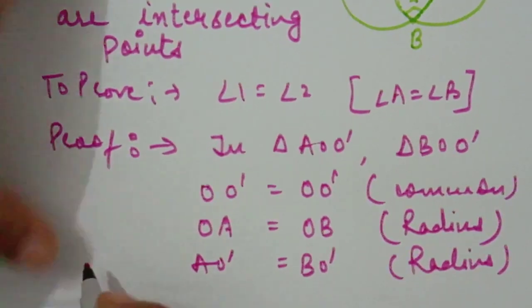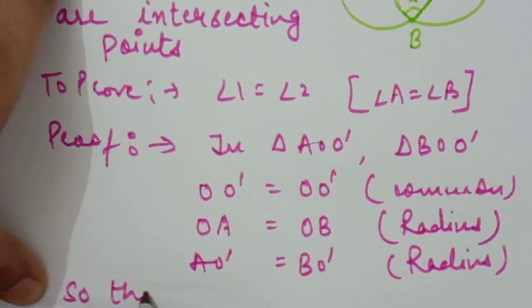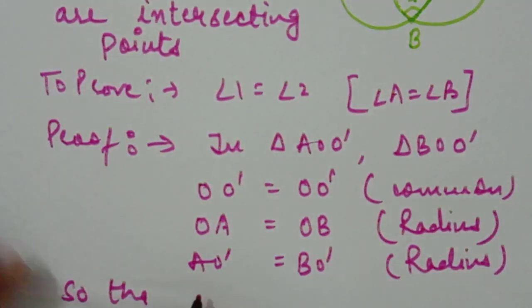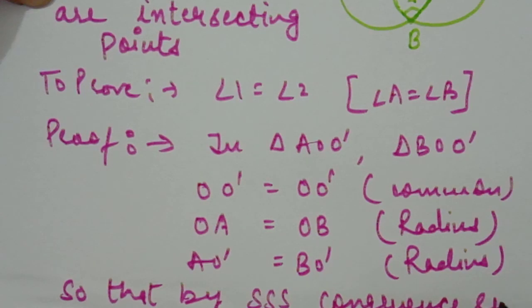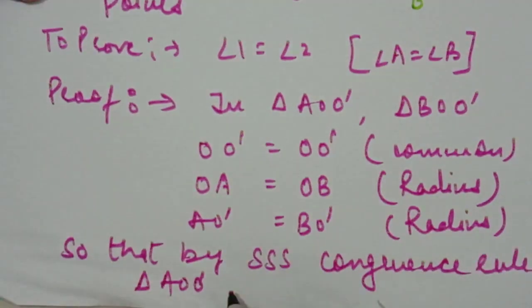So by SSS congruence rule, triangle AOO dash is congruent to triangle BOO dash.